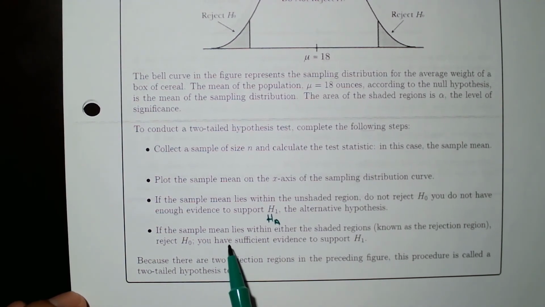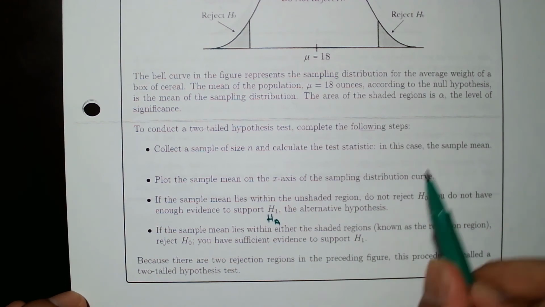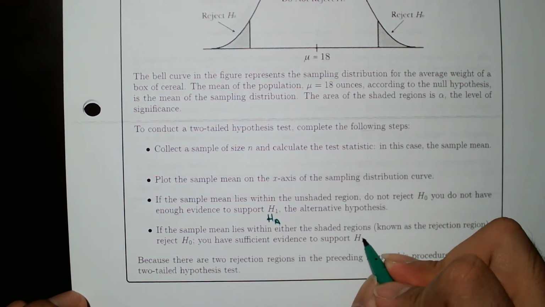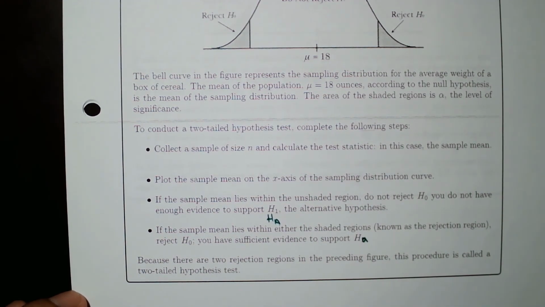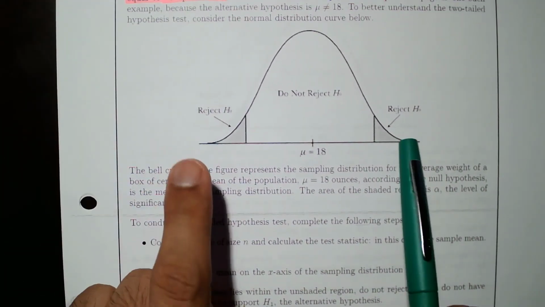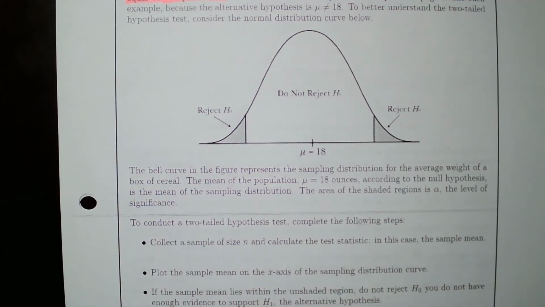Otherwise, if the sample mean lies within either of the shaded regions, then we reject the H0 and we support the Ha, and we win the argument. That's why we call this the two-tailed test, because we are shading both of the tails.